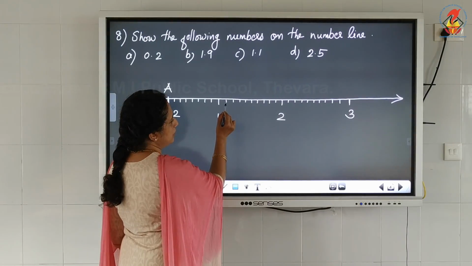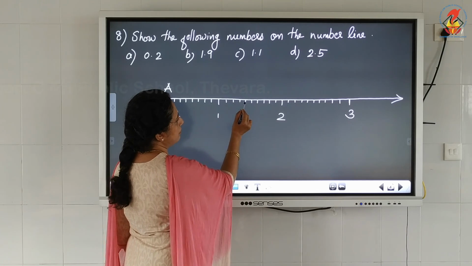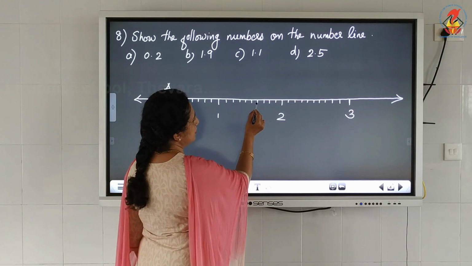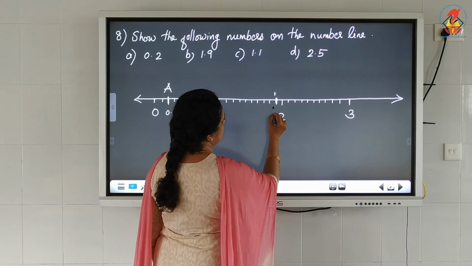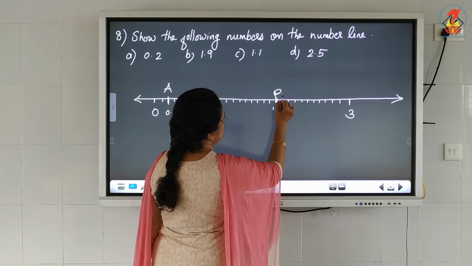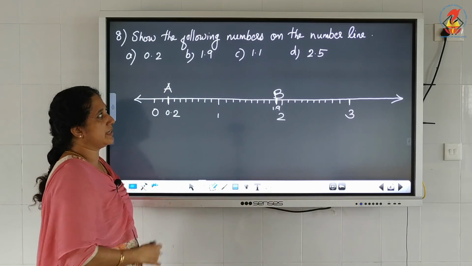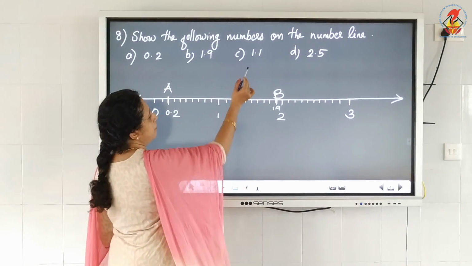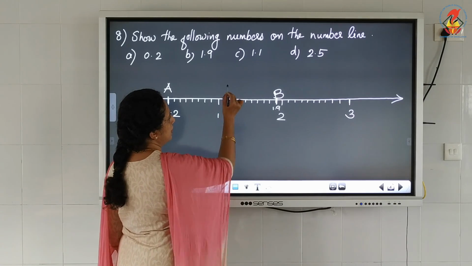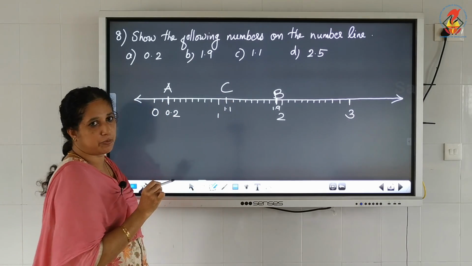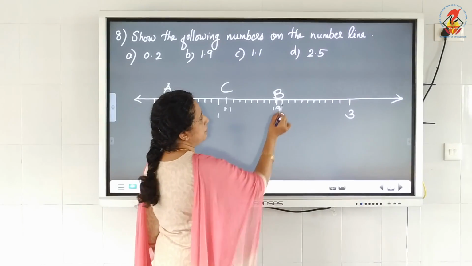So after 1: 1.1, 1.2, 1.3, 1.4, 1.5, 1.6, 1.7, 1.8, and this one will be 1.9. So we can use the letter B. B represents 1.9. Next is 1.1. So 1.1 means after 1 the first point. So C represents 1.1.